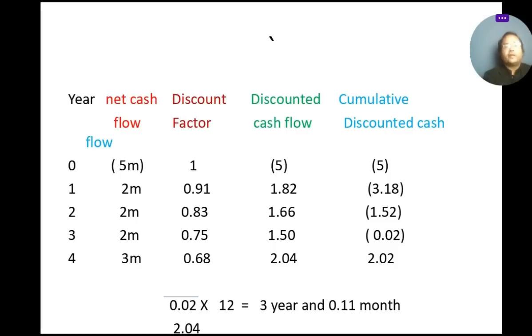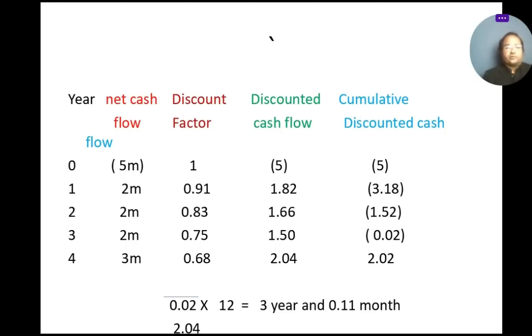You multiply 2 million by 0.91, the answer is 1.82 million. So your remaining investment is 3.18, because out of 5 million you subtract 1.82.